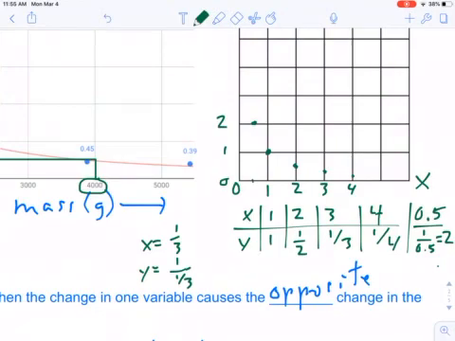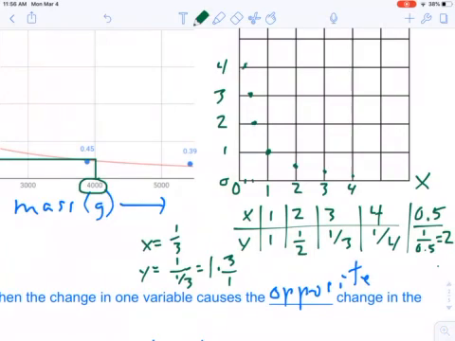Now, let's remember, when we divide by a fraction, we can do the same thing as multiplying by the reciprocal. So that would be y equals 1 times 3 over 1, which would be 3. So 1/3 is going to be up here at 3. And similarly, 1/4 is going to be up here at 4. Like that.